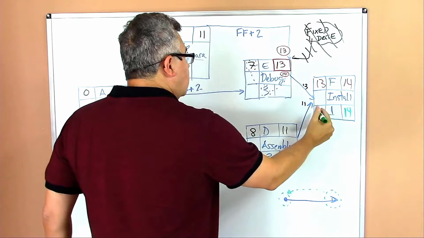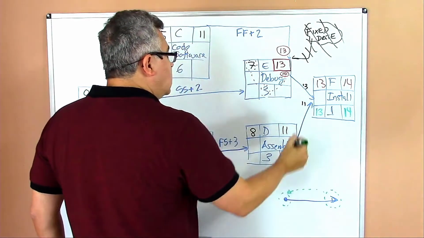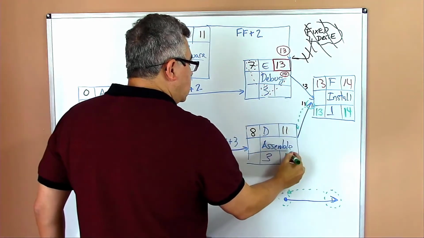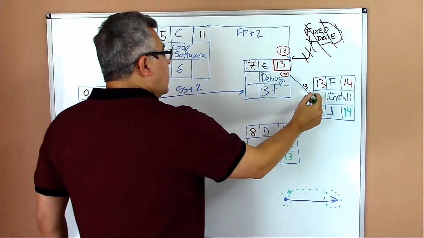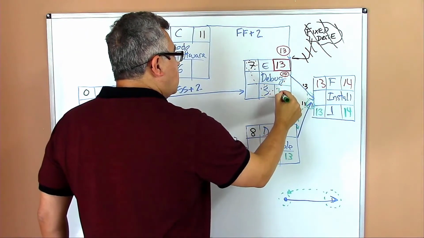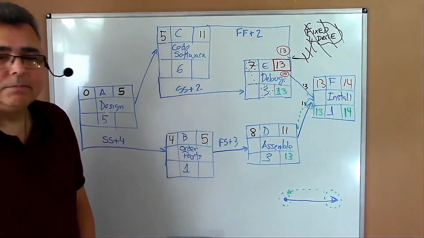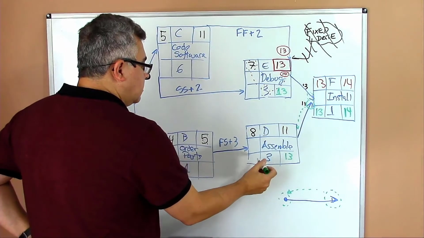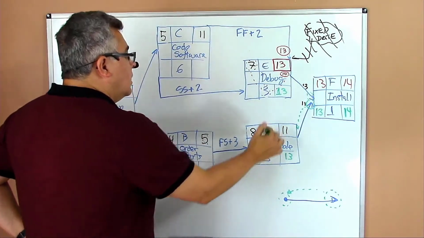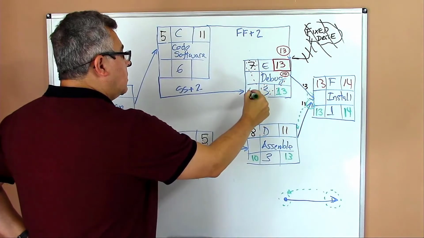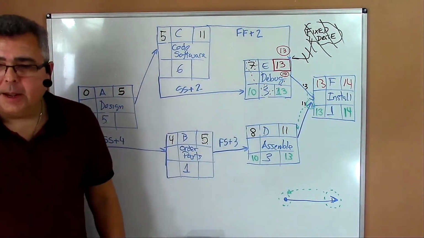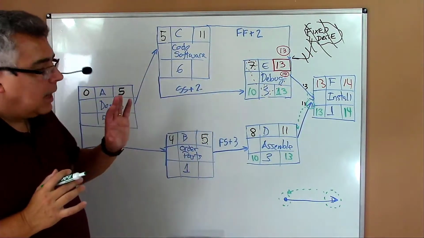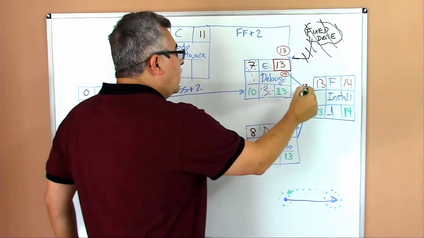14 minus 1, 13. So I'll be moving from the arrow back. So 13, I move with 13 for activity G. And then I move here, 13, move here, 13. Okay? And then I do 13 minus 3, 10. Now I have to understand that I have to move back on the arrows.